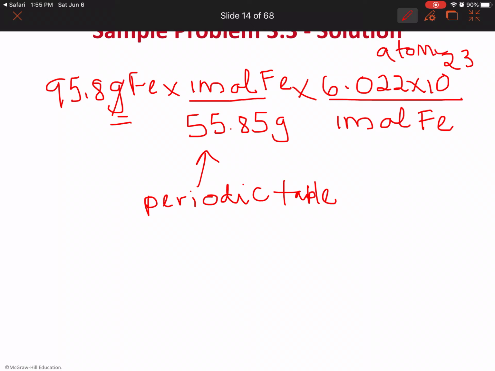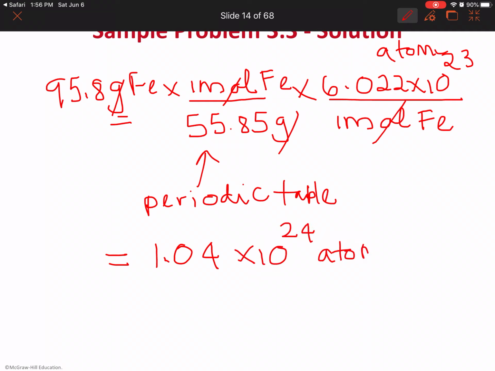So grams cancelled, moles cancelled, and you have your answer in atoms, which is going to be 1.04 times 10 to the 24 atoms. You also do this calculation with your calculator and see if you get this answer.